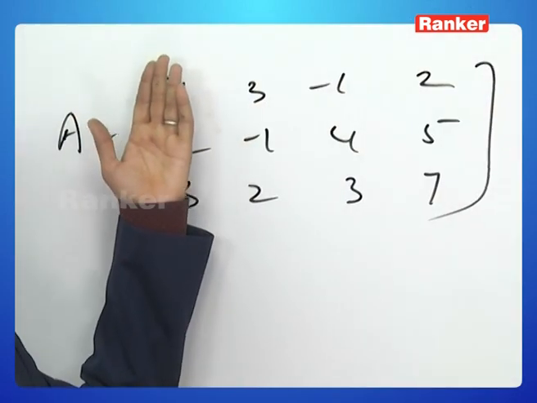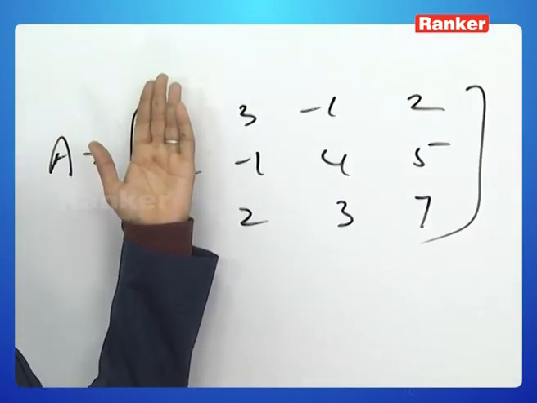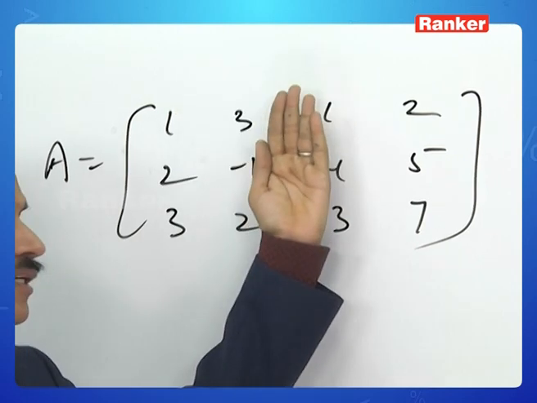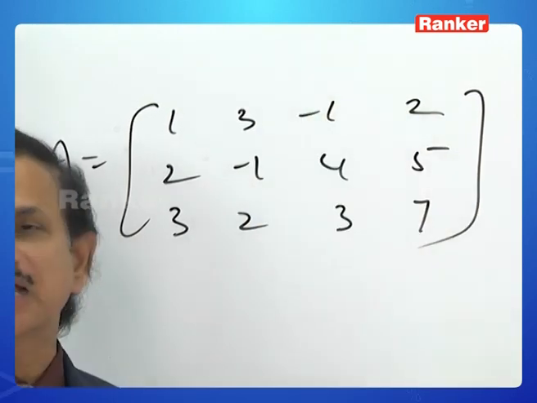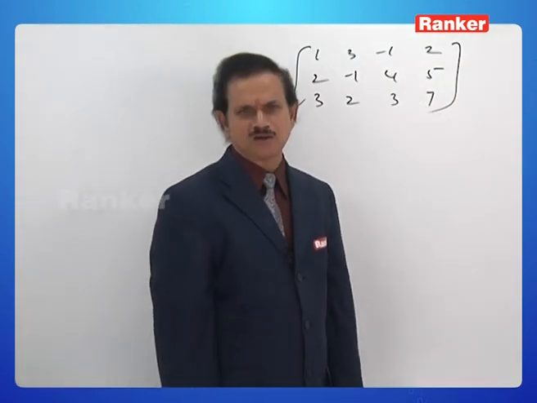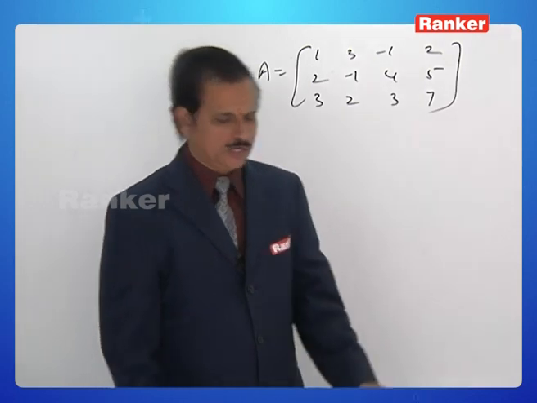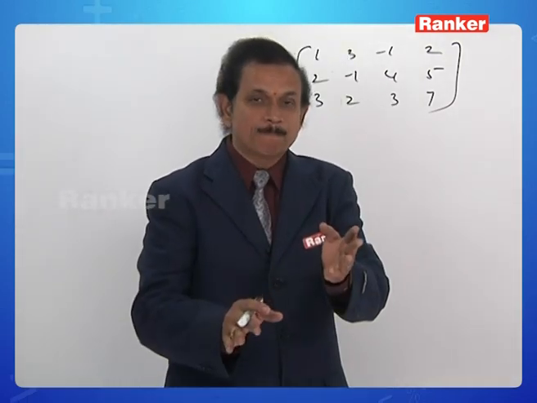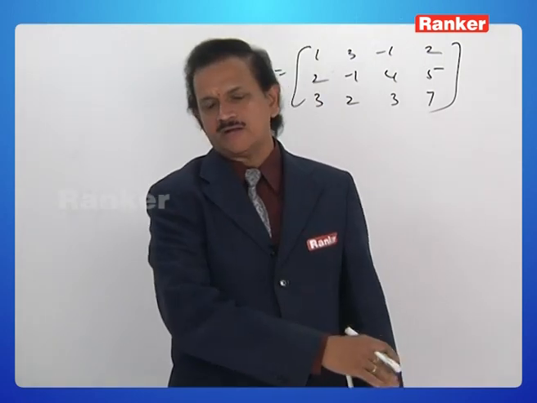Delete first column, one 3 by 3 minor will be there. Delete second column, another 3 by 3 minor. Delete third column, another like that. 4 minors of order 3 by 3 will be obtained. You go on checking every minor and you stop when you are able to get a non-zero minor.